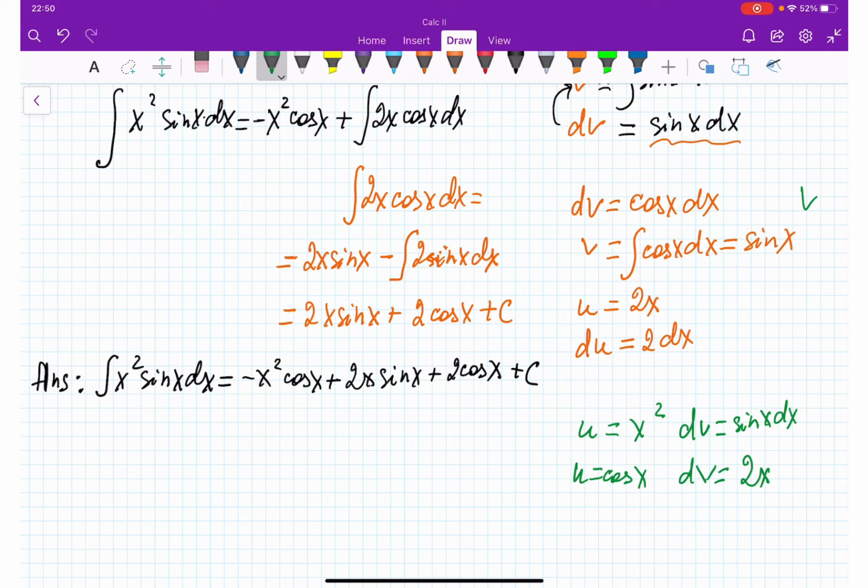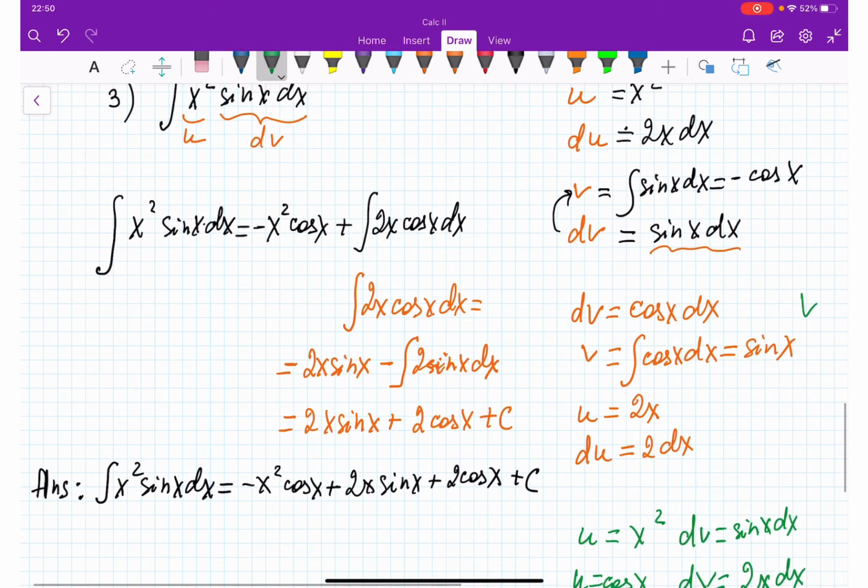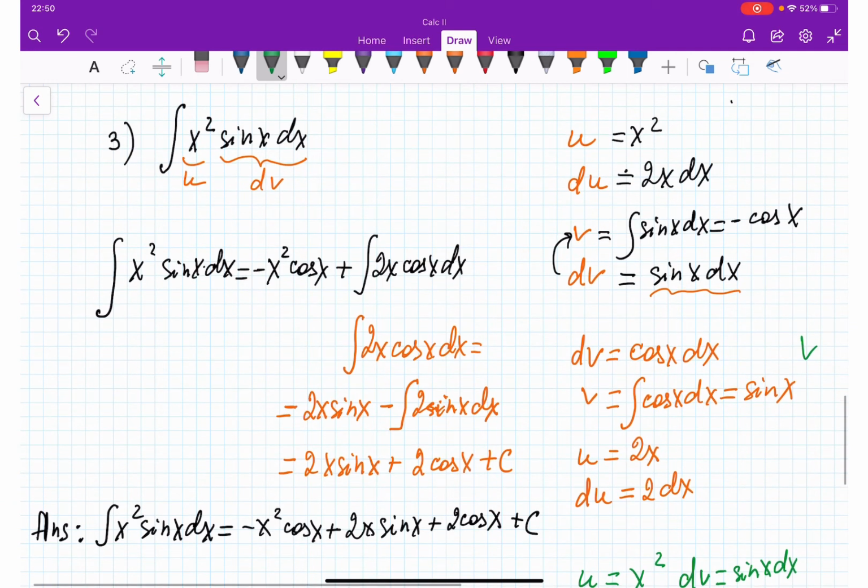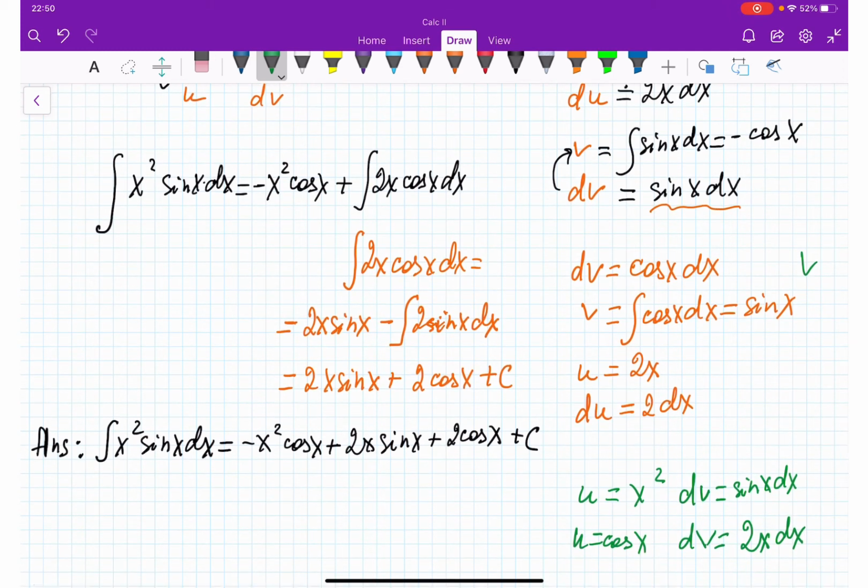You understand? 2x dx. You cannot do that. You cannot switch the elements in substitution. If you got, let's say, a trig function with dx as dv, and you got an algebraic expression, then when you repeat your substitution, you have to stick to the same structure.